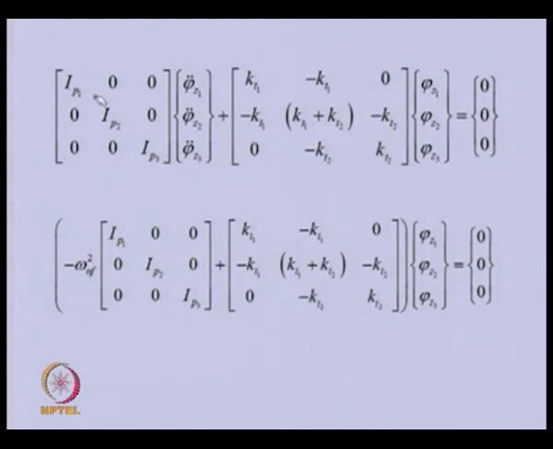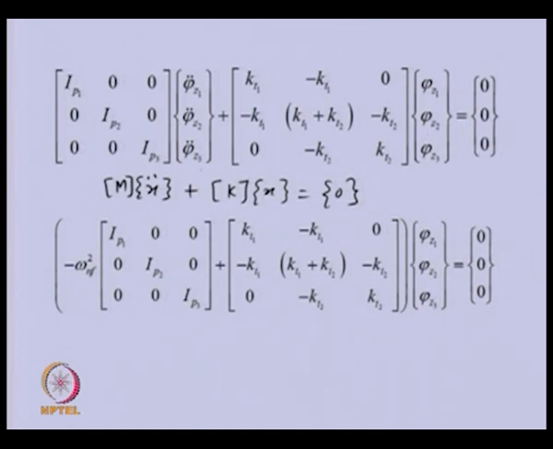In this particular case, the mass matrix is diagonal, and the form of this equation is similar to the standard form of a multi-degree of freedom vibration system. Here M is this matrix, this vector is this vector, the stiffness matrix is this one, and this is the displacement vector.